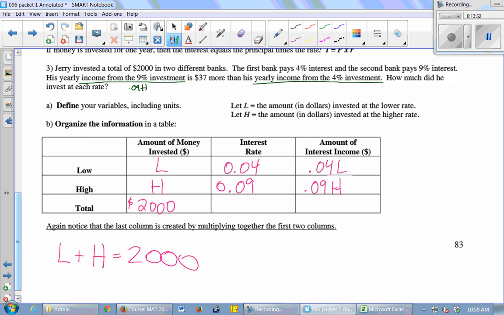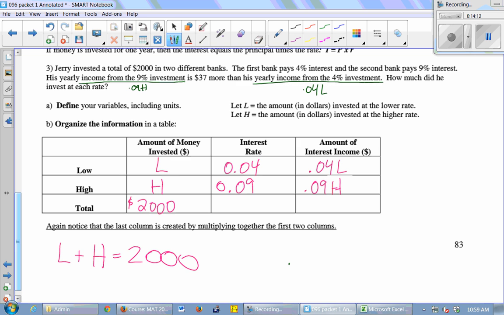And what expression in the table represents that? 0.04 L. Yeah. So 0.09 H and 0.04 L are related to each other. Are they equal? No, one's bigger than the other. Which one's bigger? 0.09 H is bigger.